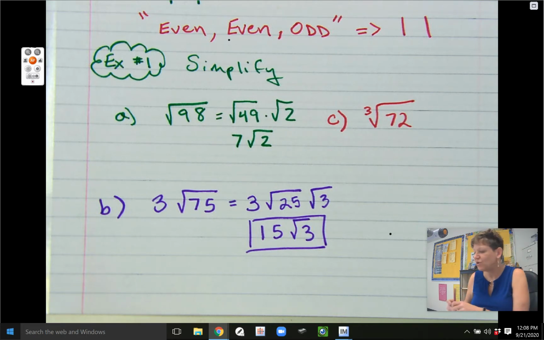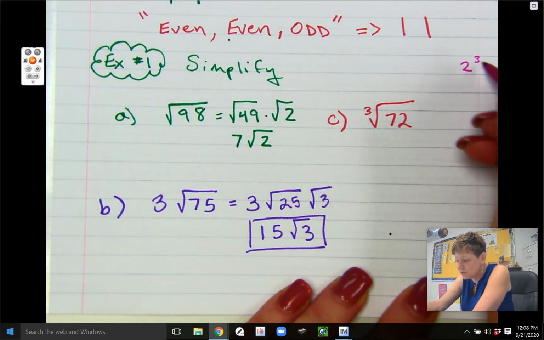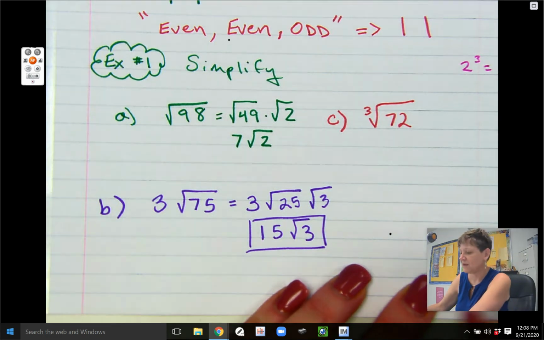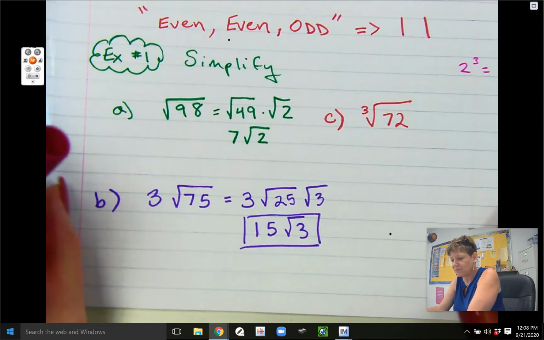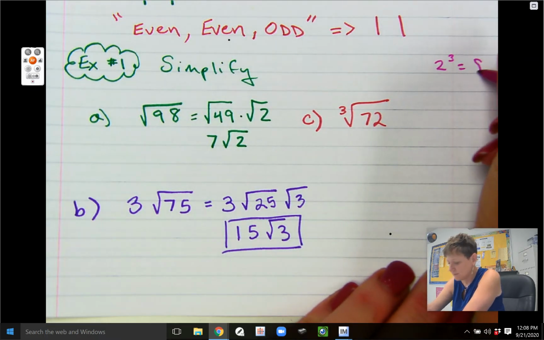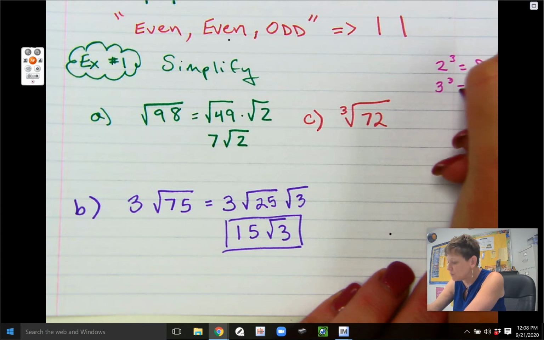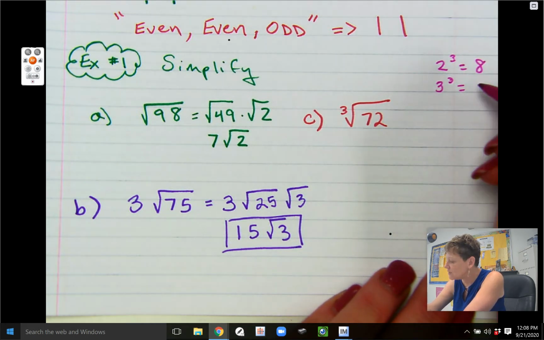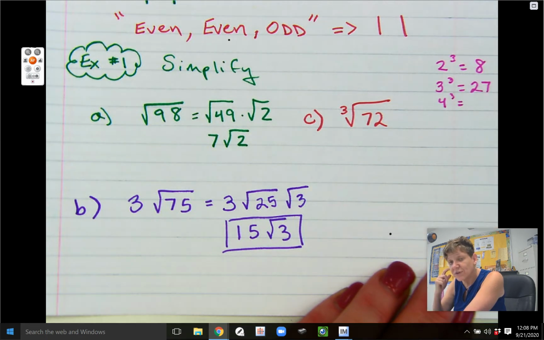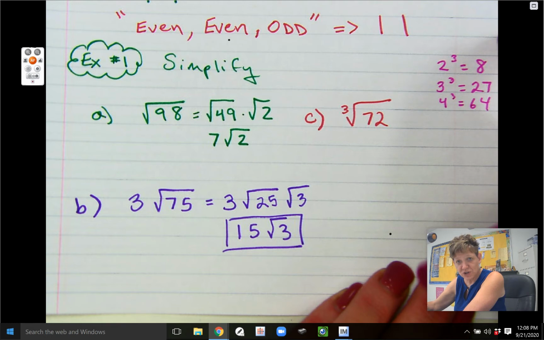And so 2 cubed would be 2 times 2 times 2, which would be 8. And 3 cubed would be 3 times 3 times 3, which is 27. And 4 cubed would be 4 times 4 times 4, which is 64. So these are perfect cubes.